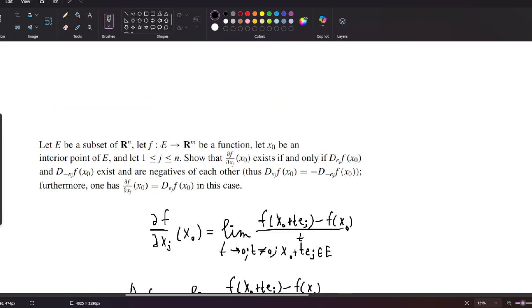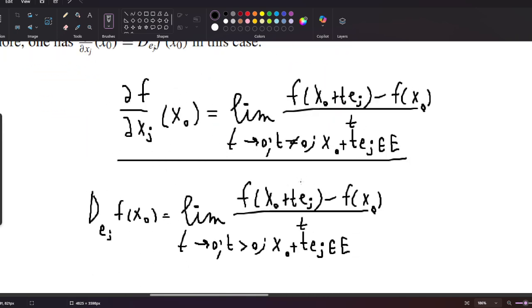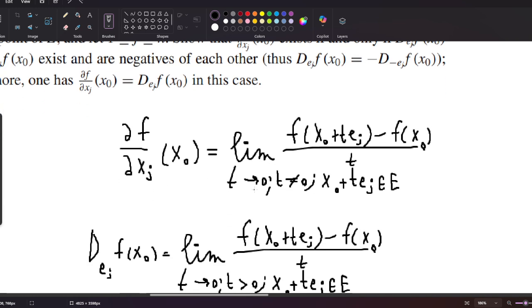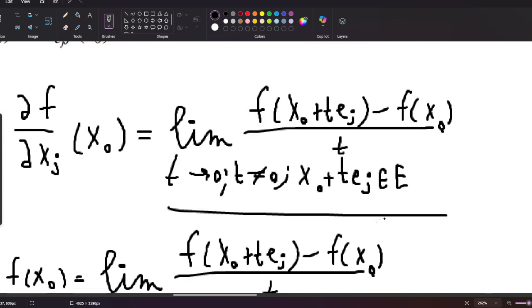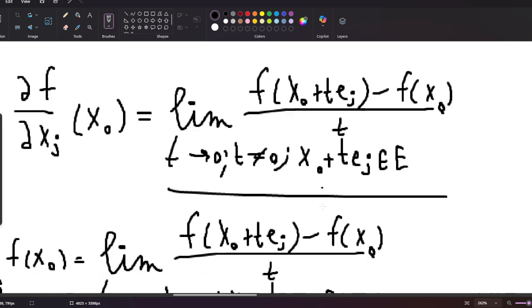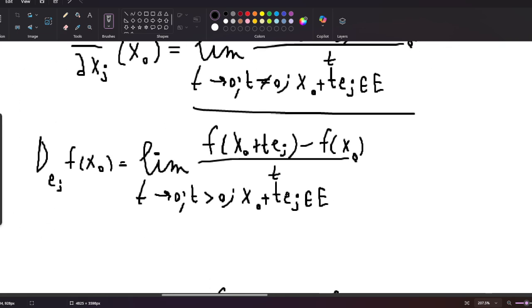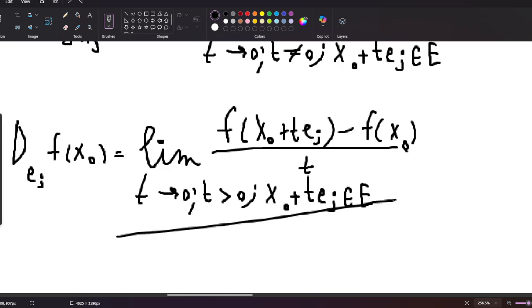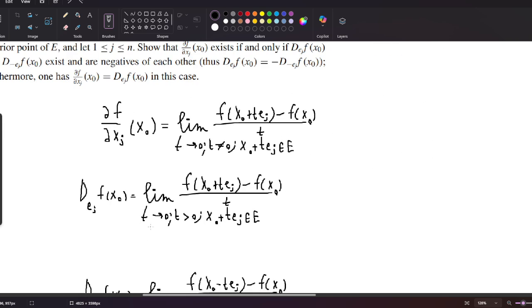And now, if we were to work with this definition to prove that it exists, we just have to show that this limit exists. For it to exist, we can start by finding the right-hand side limit and the left-hand side limit. Now, the thing is, this is essentially just the right-hand side limit.